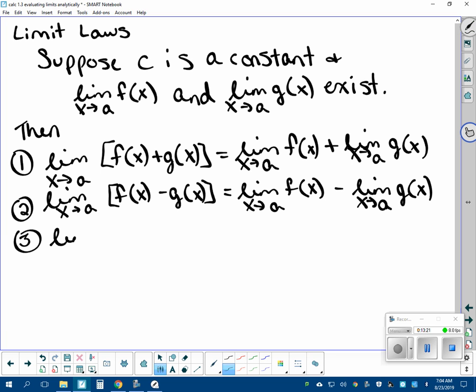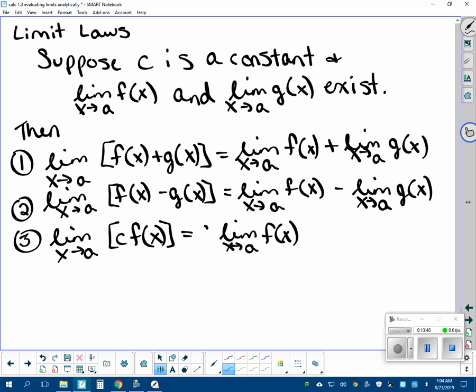Number three, the limit as x approaches a of a constant times a function is the same thing as if you take the limit of just the function and then multiply it by the constant. So you can actually kind of take the constant out of it, deal with just the limit of the function, and then go and multiply by the constant.